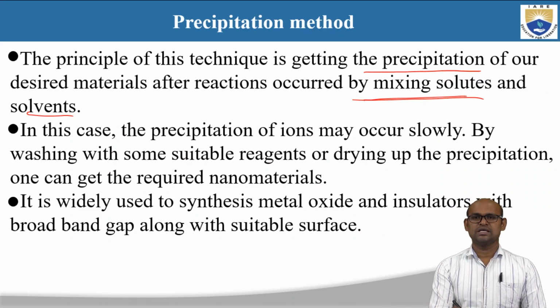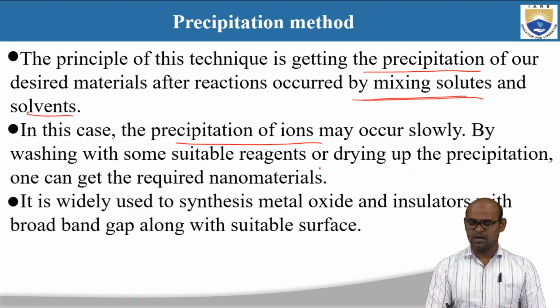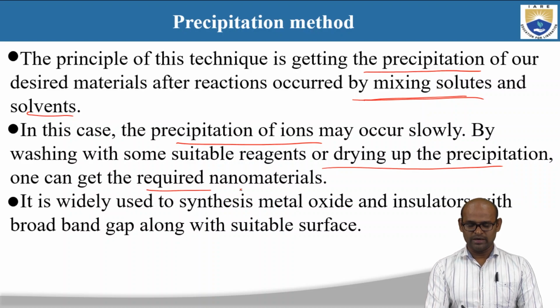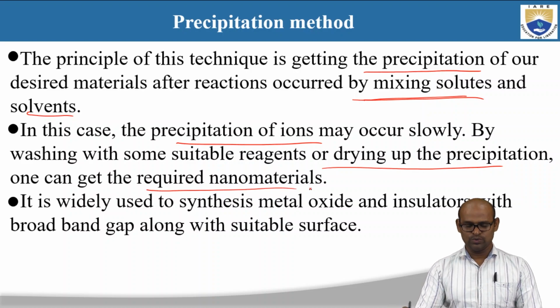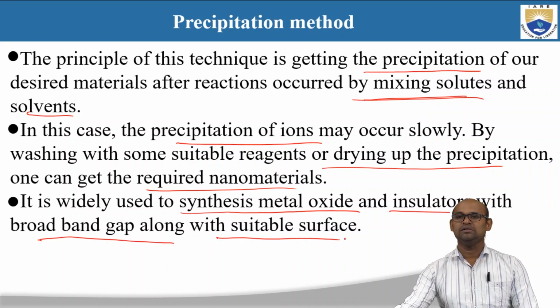In this case, the precipitation of ions may occur slowly, and by washing with suitable reagents or drying up the precipitate, one can get the required nanomaterials. It is widely used to synthesize metal oxide and insulators with broad band gap along with suitable surface.